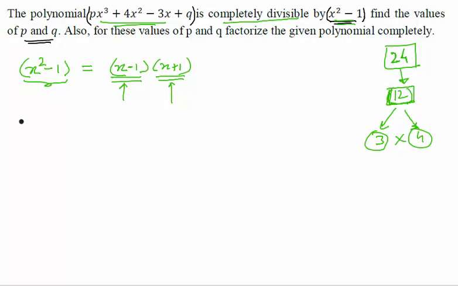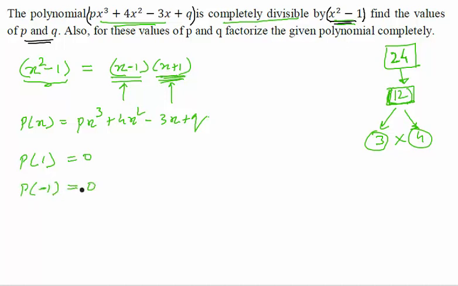Now what to do? We have this polynomial px equal to px cube plus 4x square minus 3x plus q. Since x minus 1 is a factor, p of 1 should be equal to 0. And since x plus 1 is a factor, p of minus 1 should be equal to 0. But what is p of 1?